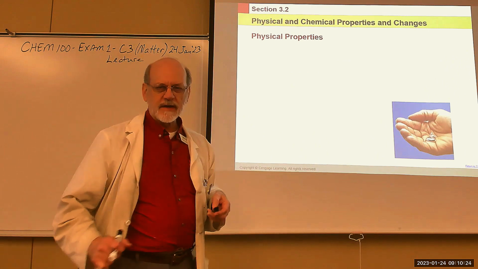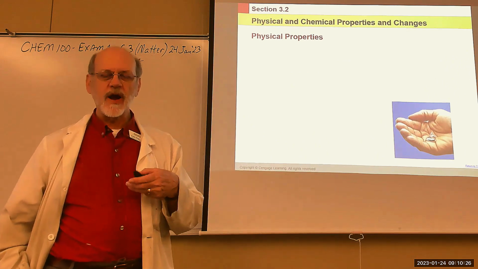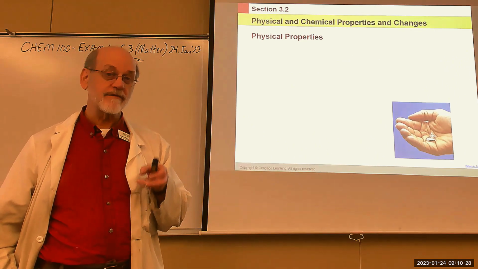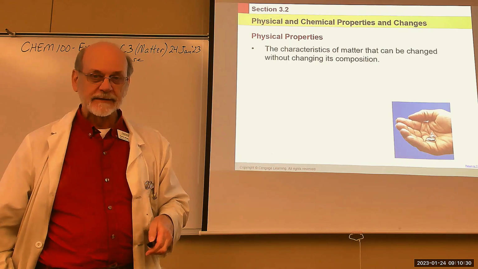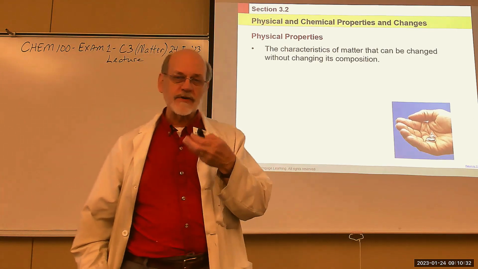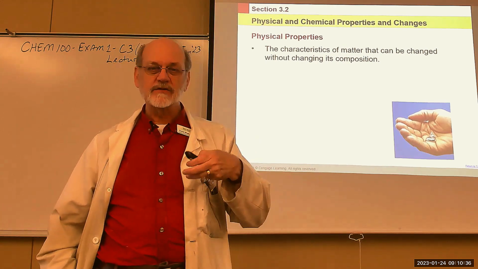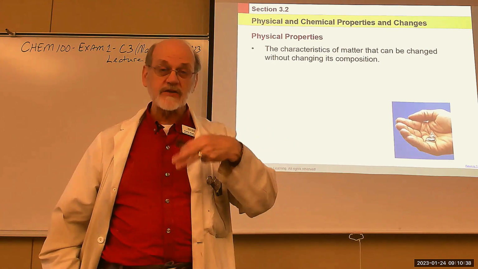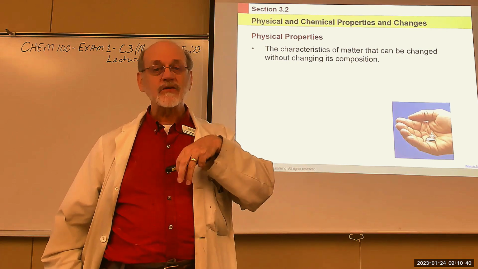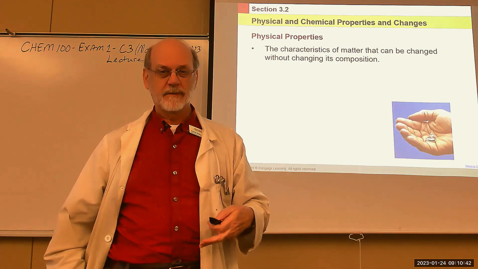Now let's talk about properties of matter. First, we'll talk about physical properties. Physical properties of matter are those characteristics of matter that can be changed without changing its composition, without changing its identity.